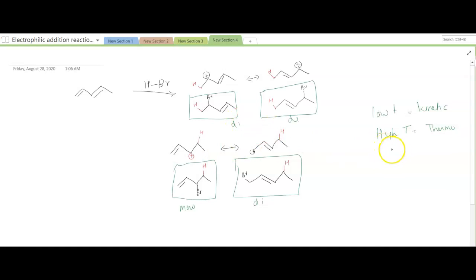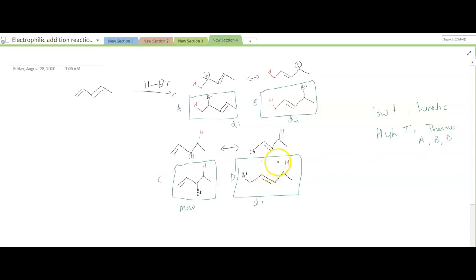So at high temperature we can have these three products as the major products. Let me call them A, B, C and D. So at high temperature the major products you will see are A, B and D.